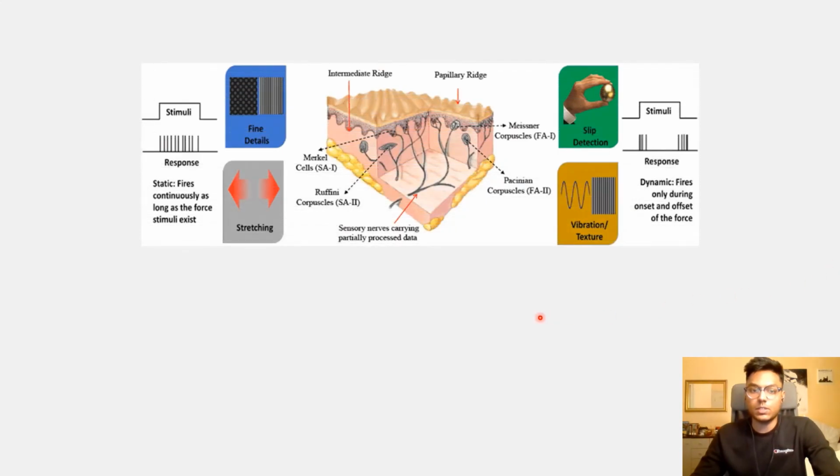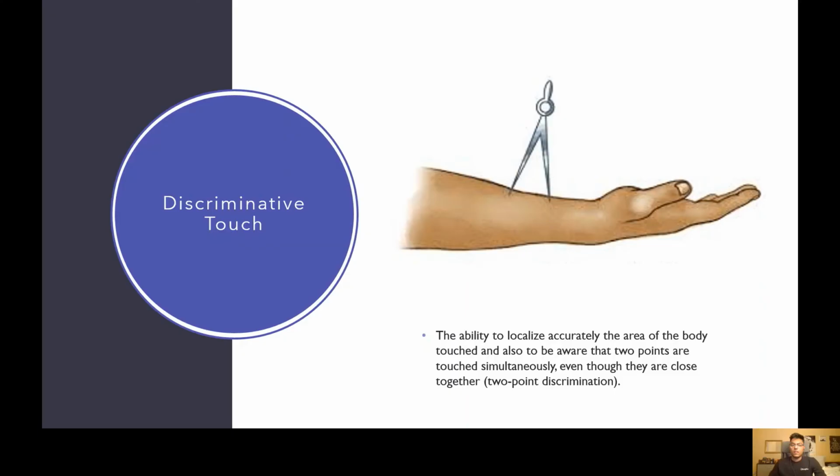As you can see in this picture, we can clearly distinguish between the static and dynamic touch. The static touch is usually caused by the stretching of the skin, in which the receptors fire continuously as long as the stimulus is present. Whereas in the dynamic touch, the receptors fire only when the touch sensation is first present and when it is removed.